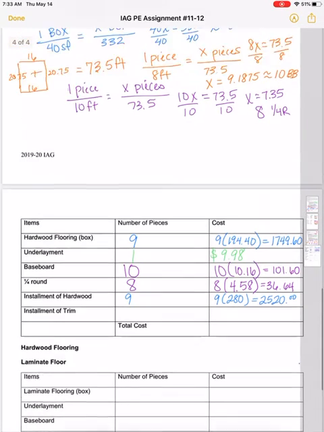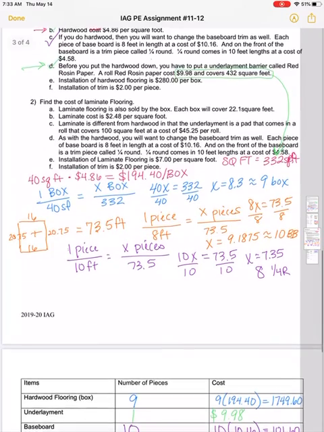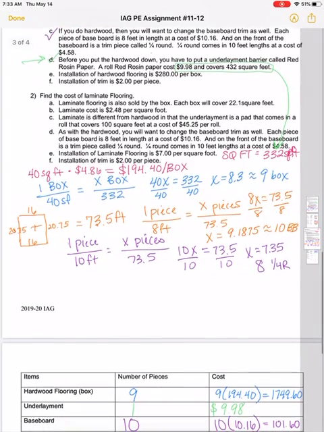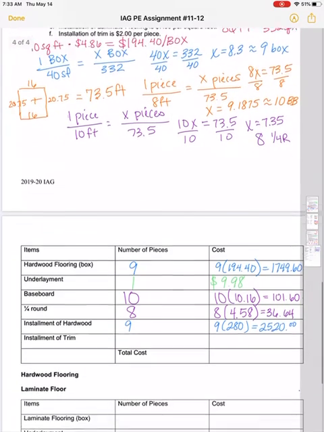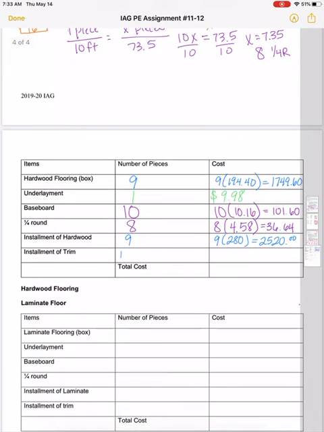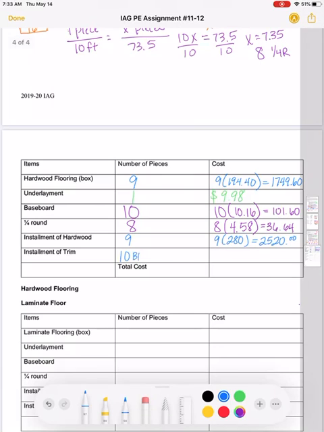Installation of trim, if you were looking up here, you saw that it is $2 per piece. The quarter round and the baseboard are each trim. So I have 8 plus 10. So I've got 10 baseboards plus 8 quarter round. So I have 18 pieces times $2. So 18 times 2 is going to give you $36.